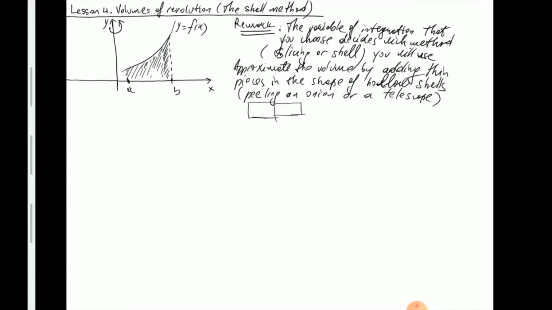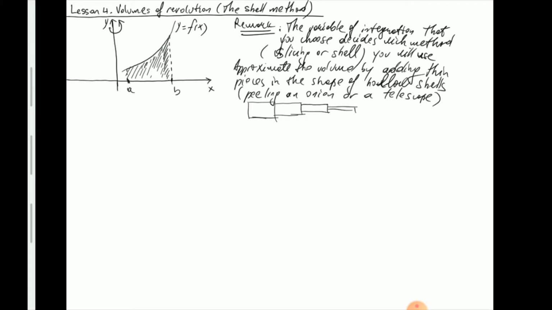So now what you have here on the left is basically an outer shell in the form of a hollow cylinder this time around. And then you expand it further, and you expand it further, and so on and so forth. So instead of adding slices to come up with the whole volume, you peel outer shells until you exhaust the volume, and you integrate over this sum of the volumes of each outer shell.